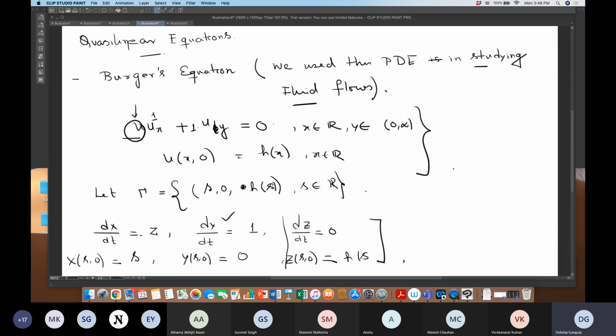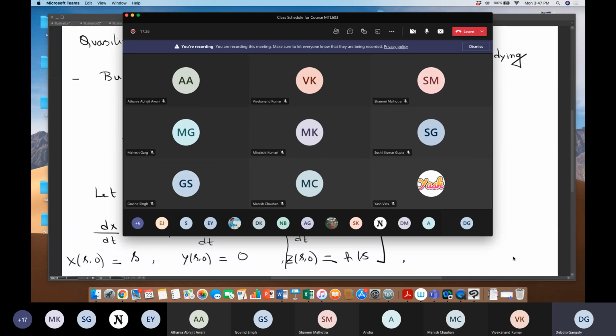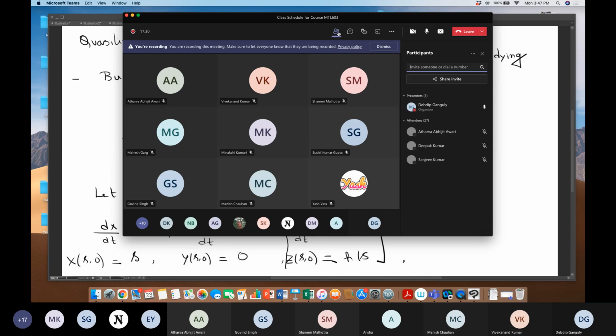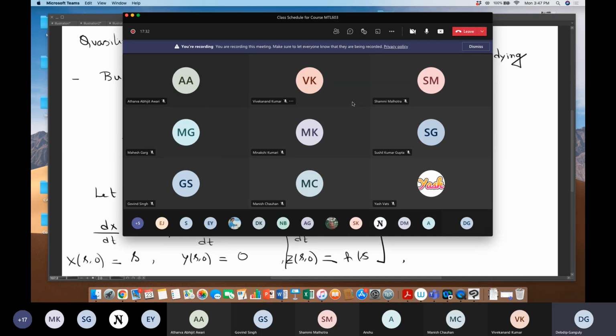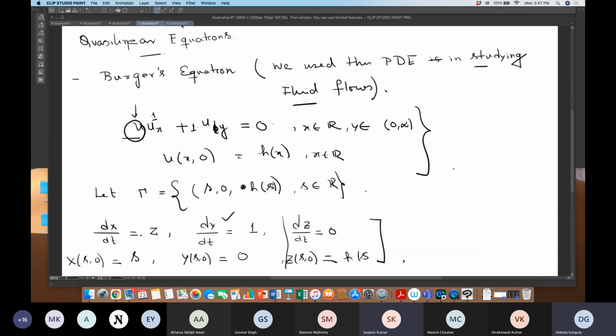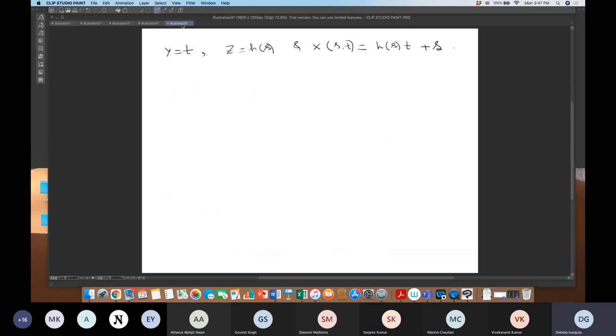It will be better to put y because t is there in dx by dt. Otherwise, if I put t, then we have to change those t's, right? Is it clear to all? Why I'm putting this? Yes, sir.